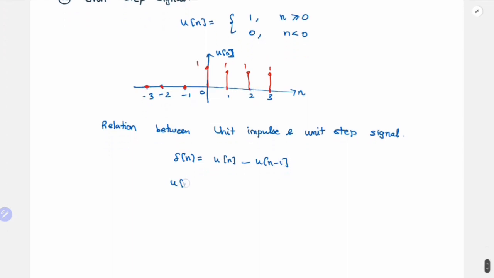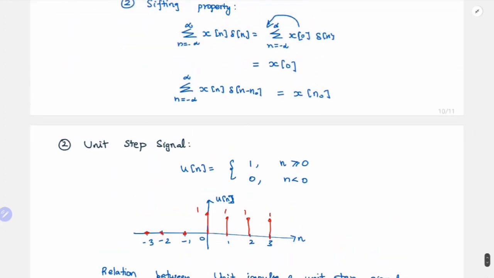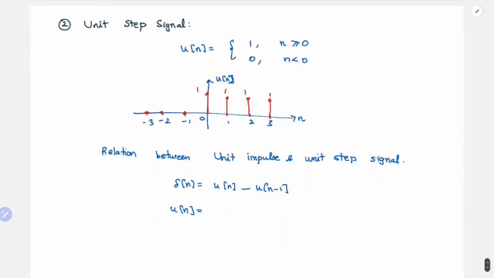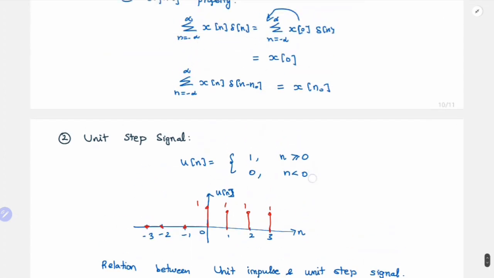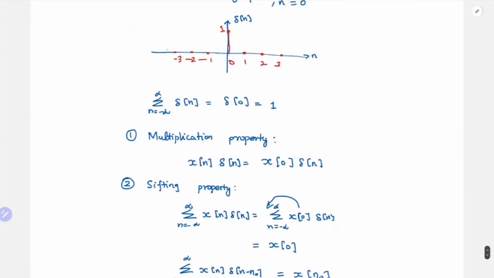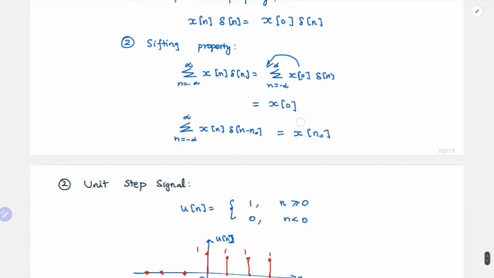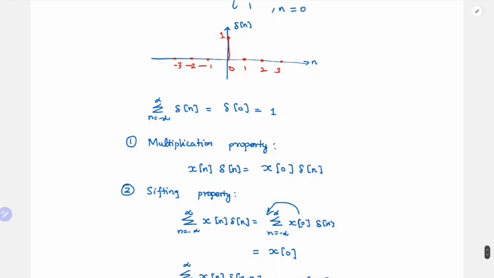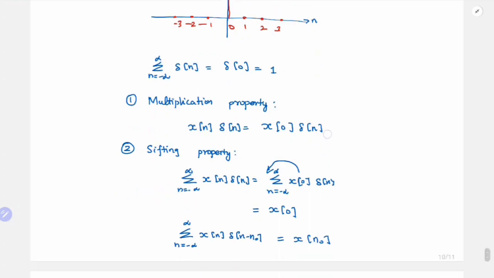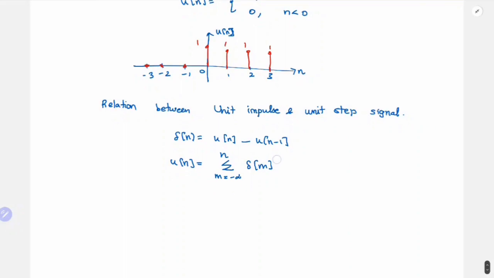And our unit step function is nothing but, where the integral here becomes a summation, right? So you sum, let's say m equal to minus infinity to n, delta of m. So for n less than 0, it will just add up the sums until less than 0, so it will be 0. As soon as n becomes 0, you will start to include this value, and it will continue to be 1 for n greater than or equal to 0.